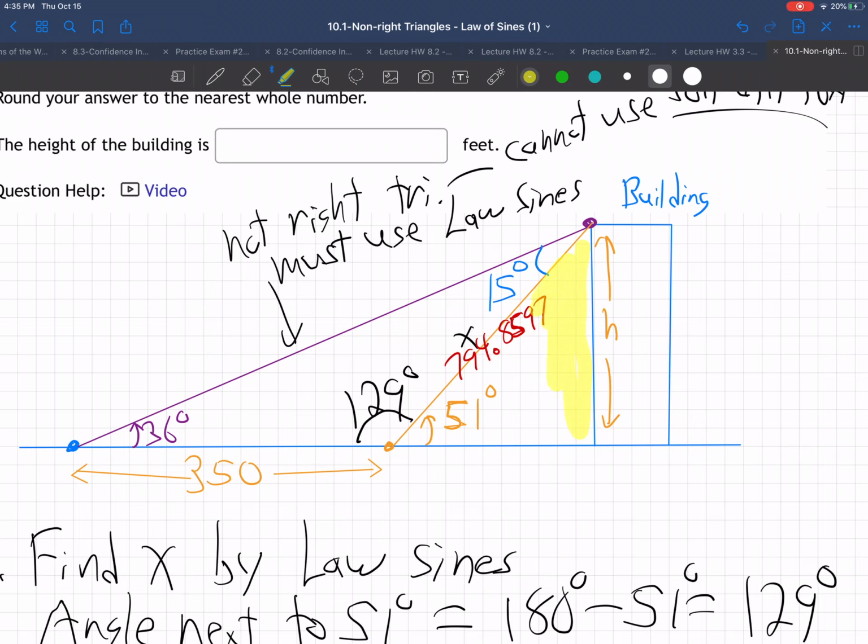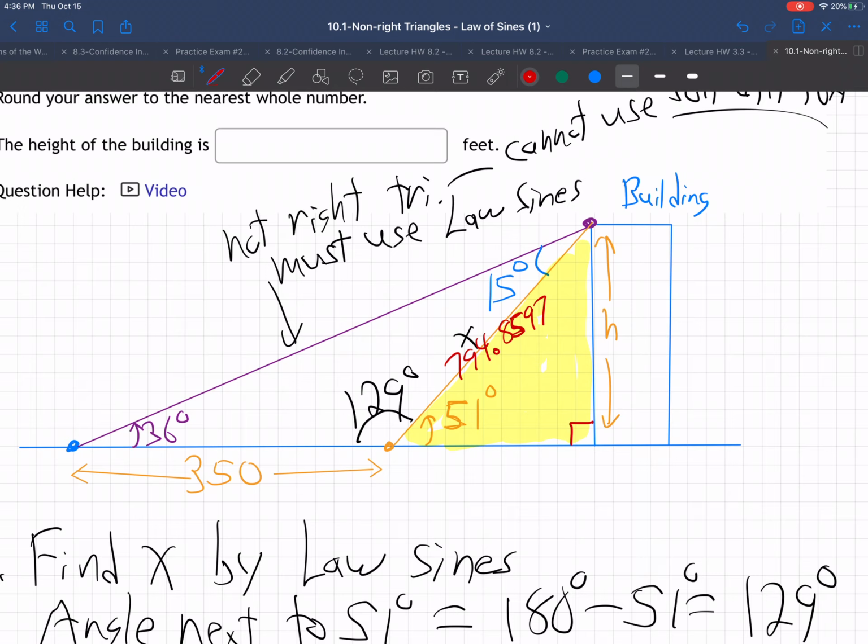You see, because this is now a right triangle, isn't it? Because height has to come straight down to the ground at 90 degrees. That's the very meaning of height, right? You don't measure your height by going diagonally down to the ground. You go straight down. So that's a right triangle.